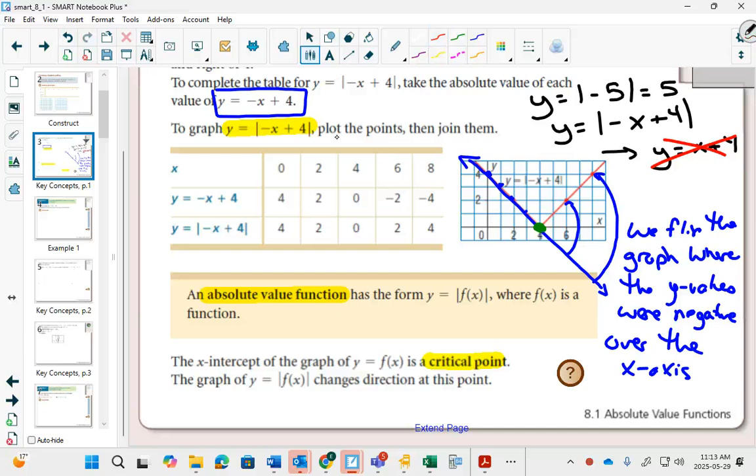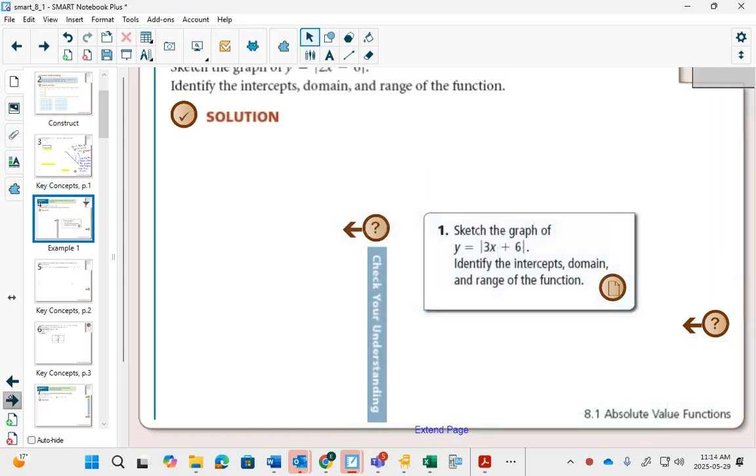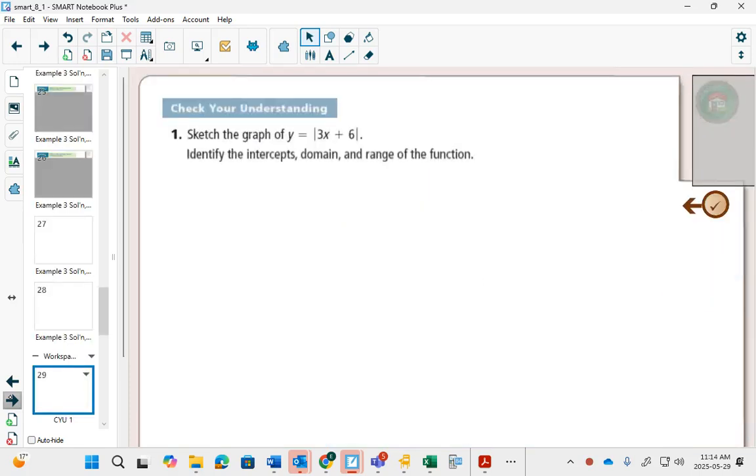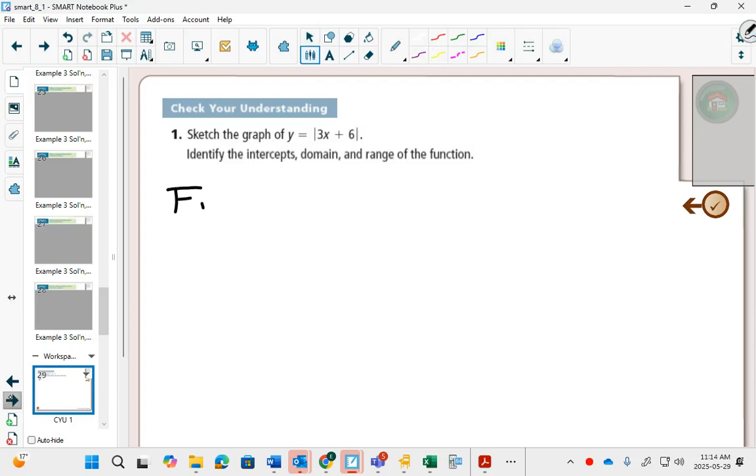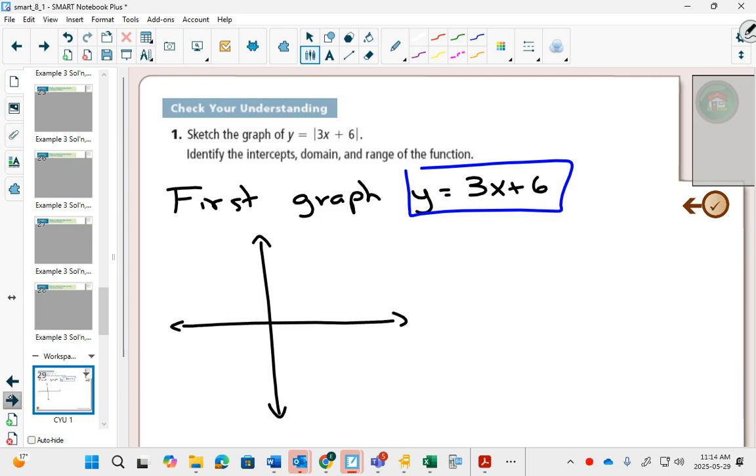Okay, so let's go to example 1. We want to sketch the graph of the absolute value. First, let's graph y equals 3x plus 6. I'm going to do it in blue. If you just have a pencil, maybe you do it with a dotted line. I'm going to do them both on the same graph, but you might want to put them on separate graphs.